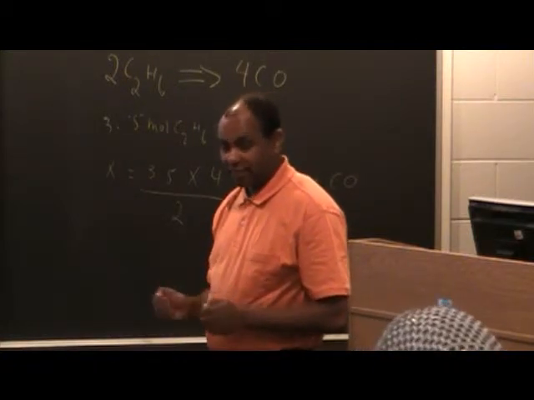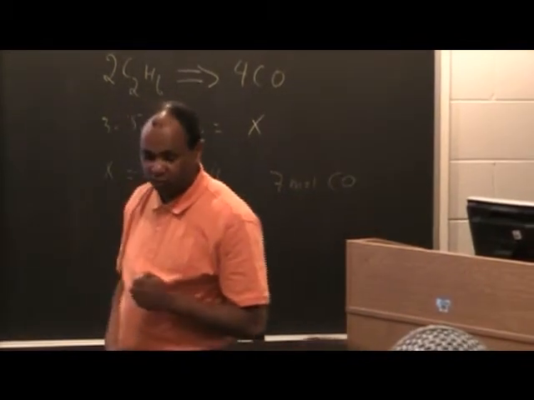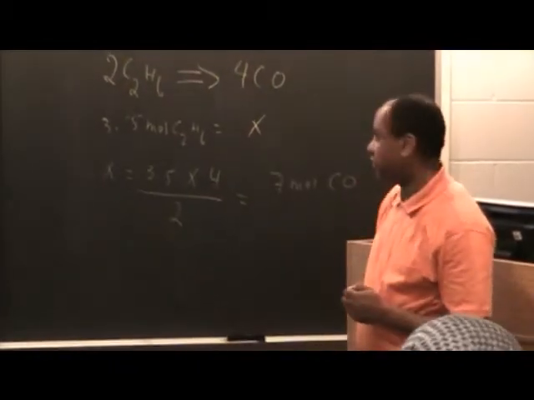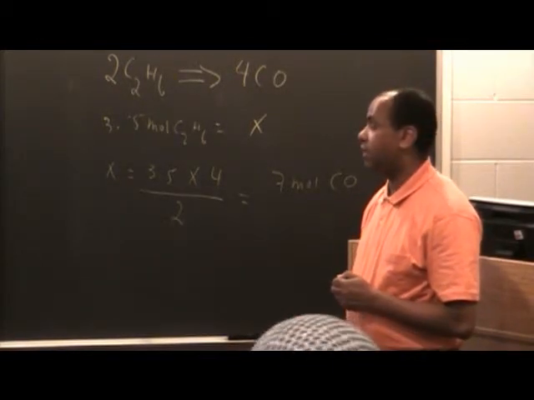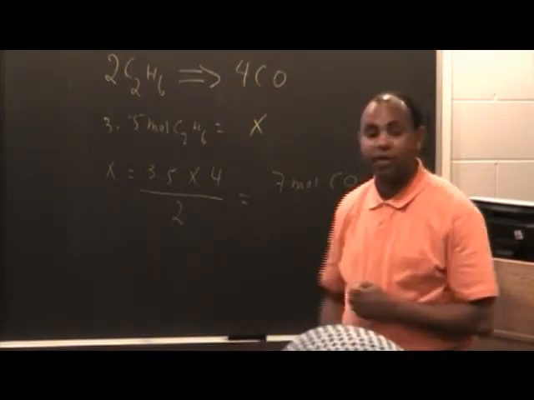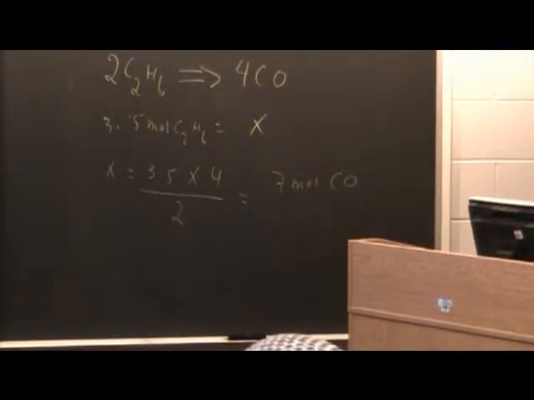So the basic thing is you need to start with balancing the chemical equation first. Then we go from there. Any questions regarding this? Carbon monoxide, also water. Also water, yes.